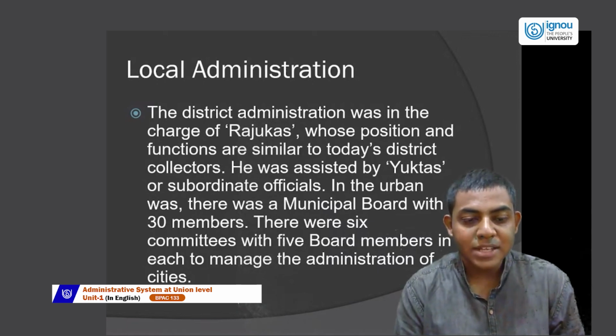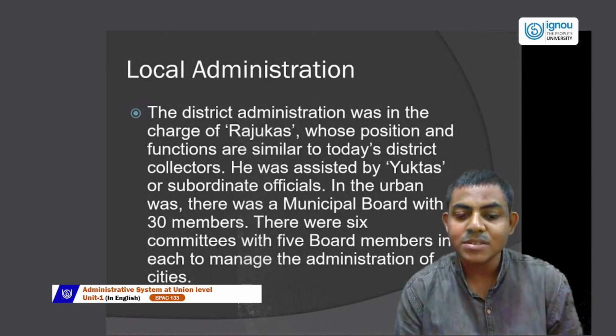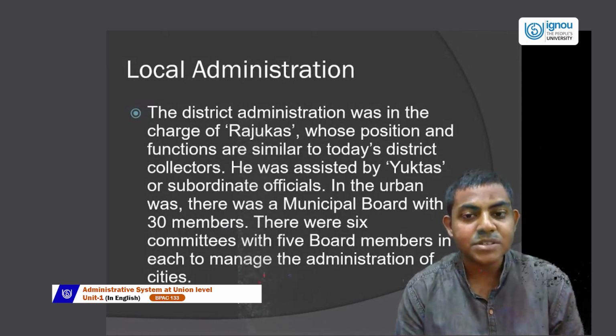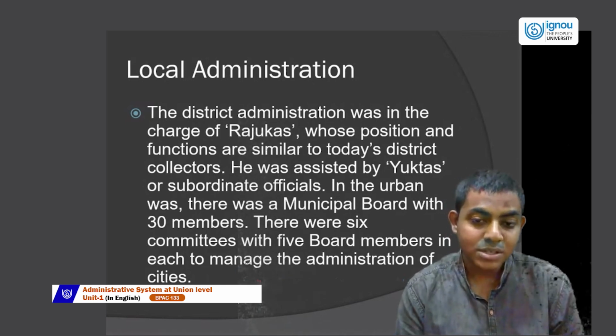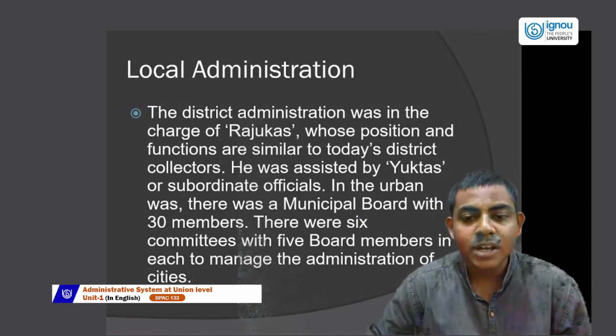In the urban areas, there was something like a municipal board with 30 members, and there were 6 committees with 5 members in each of those committees to manage the administration of cities. Some similar system exists today in our country.